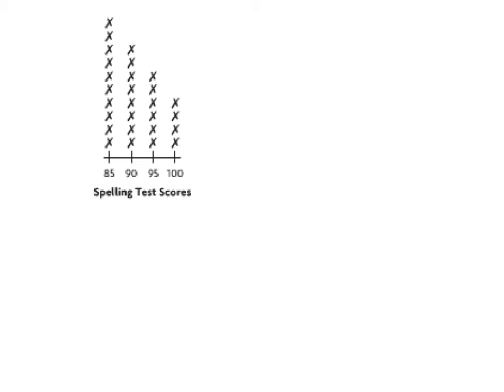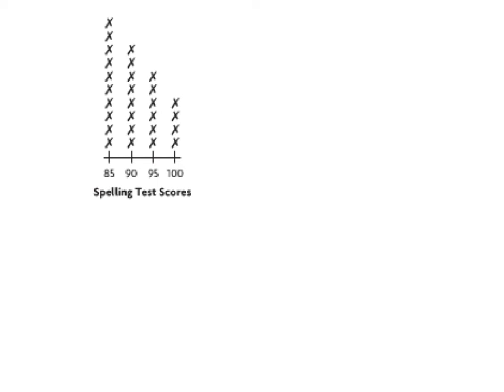Let's take a look at this line plot. The title of this line plot is Spelling Test Scores. So, based on this line plot, which test score did the most students receive? Looking at this line plot, you'll see that there are the most marks or X's on the 85 score.